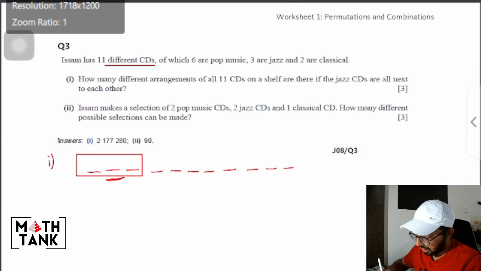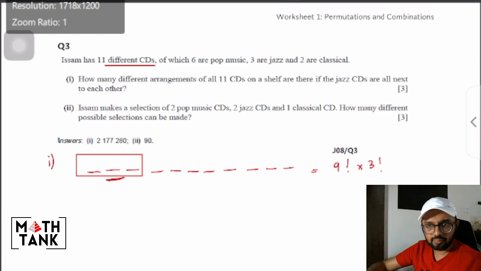So I have a total of 9 elements that I need to arrange, the 8 outside the box and the box itself making a total of 9 elements. Then I go inside the box and I say 3 factorial. Why? Because those jazz CDs could be arranged between themselves as well. So I get 9 factorial into 3 factorial. I get the correct answer. That's 2,177,280.